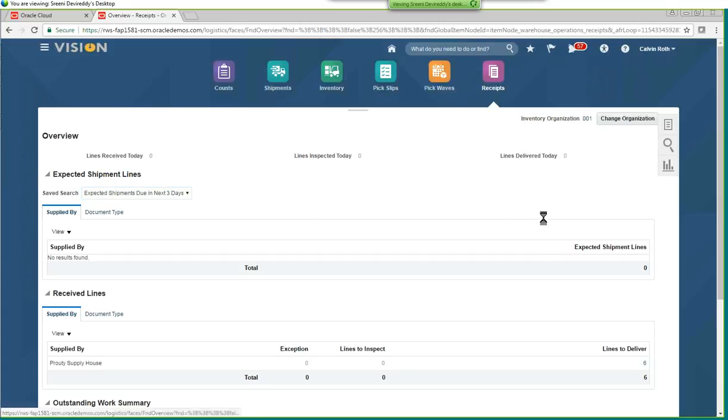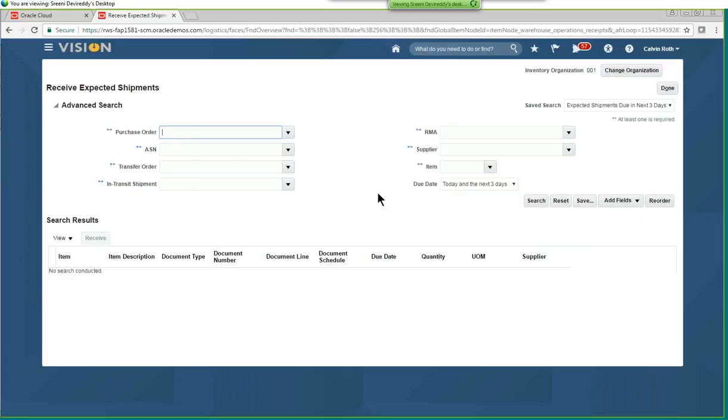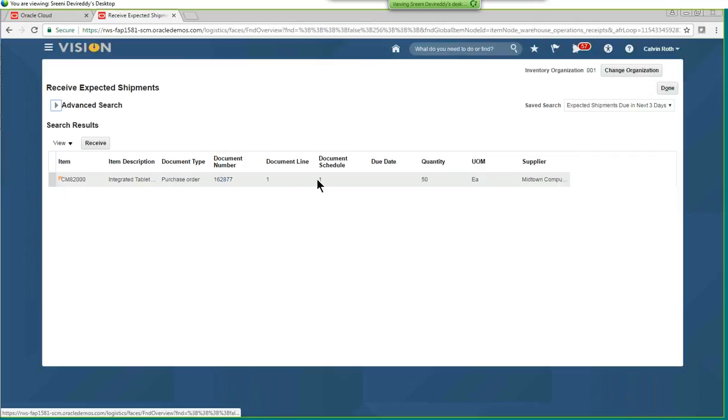So rather, I would go and receive the expected shipments. I have the purchase order, so I query it and create a receipt against it. Okay, I need to change this as well. So that's the purchase order, 50 quantity and 100 was the price, so 5,000. Let's receive all the 50.